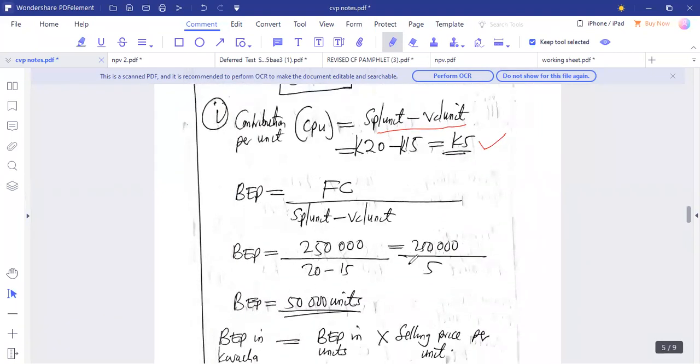So BEP is equal to 250,000 divided by 5. So it is just the fixed cost over the CPU, which is the contribution per unit, and now you get the BEP. All right. So this is about what goes on.